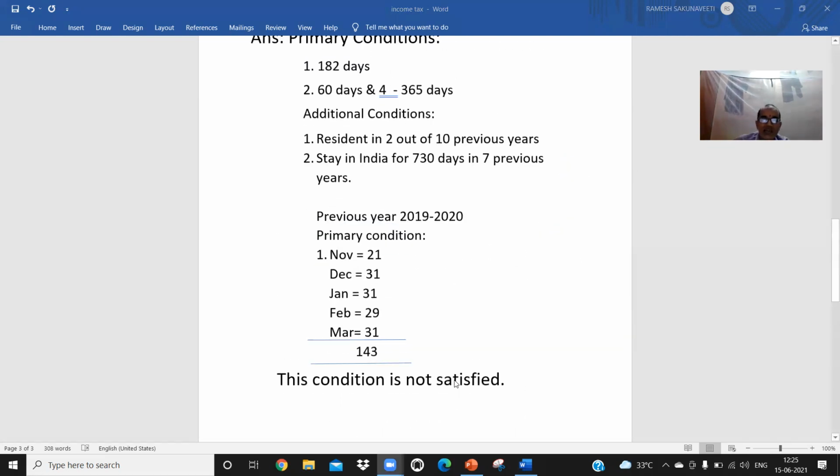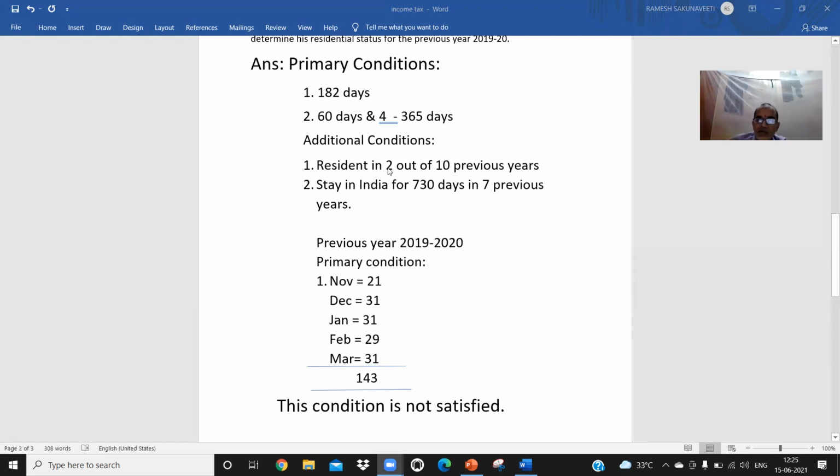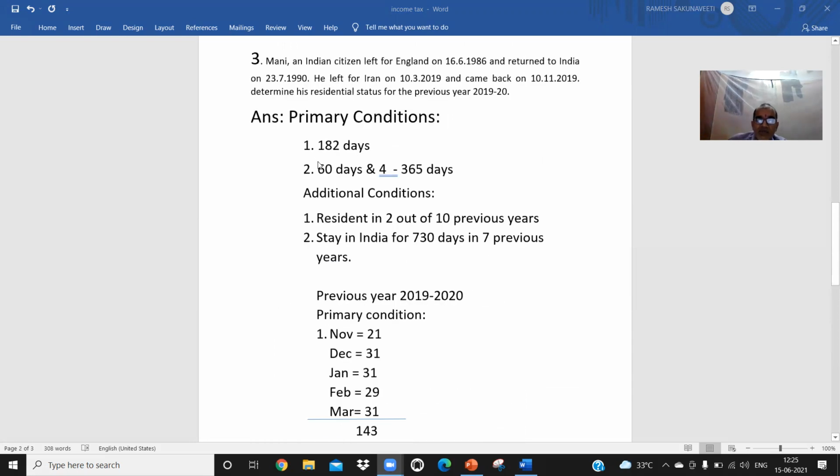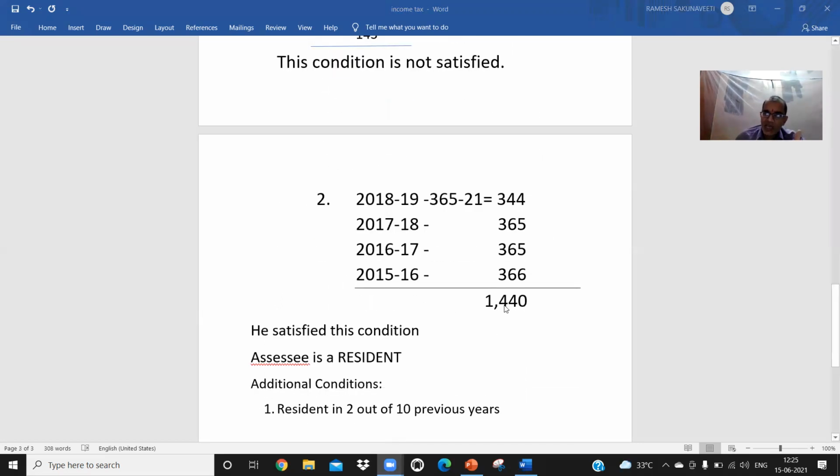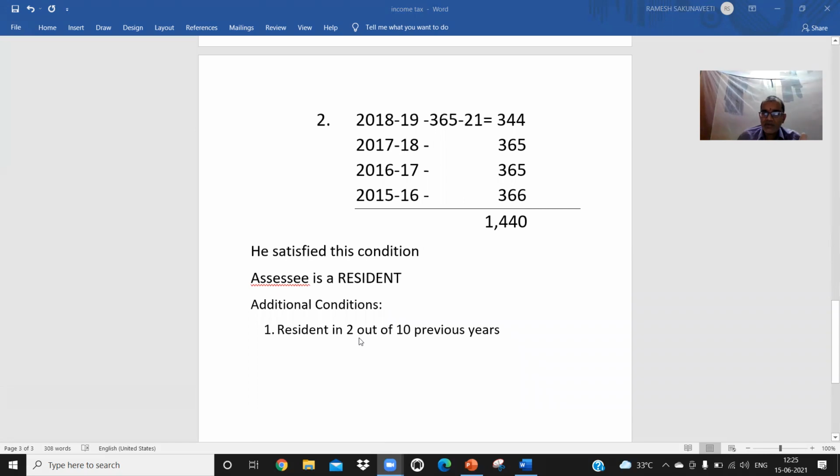The first additional condition is he should be a resident in 2 out of 10 previous years. Resident means only 182 days in each year. If he satisfies even one condition, that is enough. If you check, he is staying more than 1,440 days in these 4 years. But we require only 2 years.